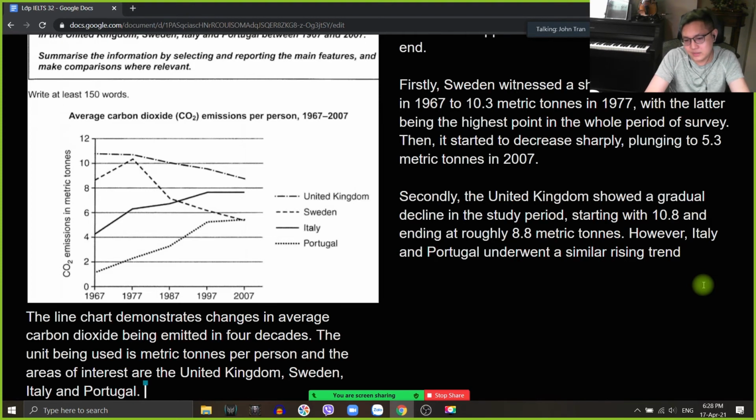A similar rising trend for 67 all the way to 97, that is 30 years. So, a similar rising trend in the first 3 decades.